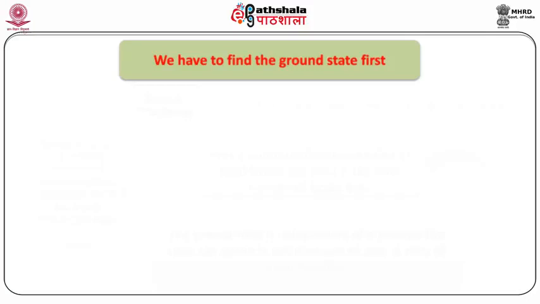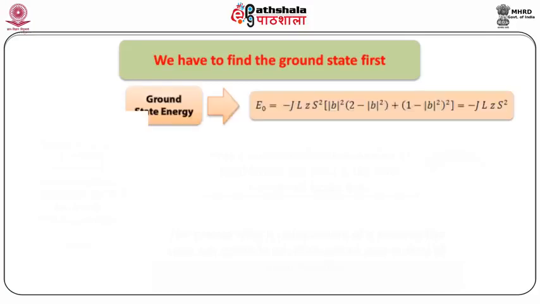The ground state can now be found like this. The expression shown here, E naught, is equal to minus J L z S squared multiplied by, in square brackets, mod B squared into 2 minus mod B squared, plus 1 minus mod B squared, whole squared. All the indices i and j are gone, so irrespective of where we are, everything is the same, which equals minus J L z S squared.